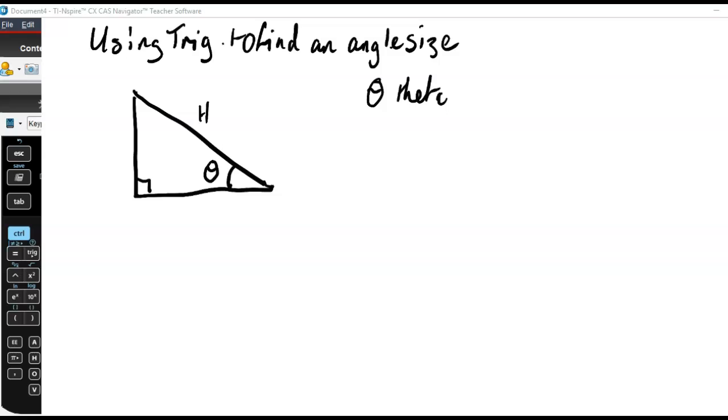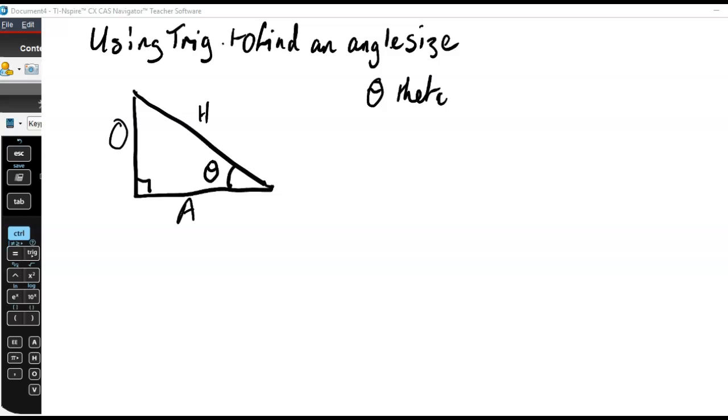Then I've got my hypotenuse, always opposite that right angle. Then I have a side that's adjacent to that angle and a side opposite to that angle.